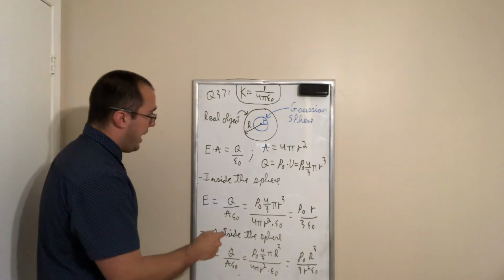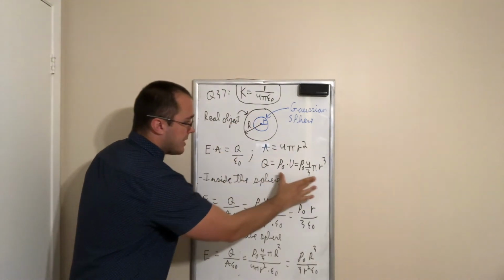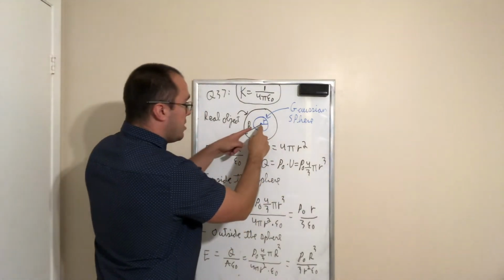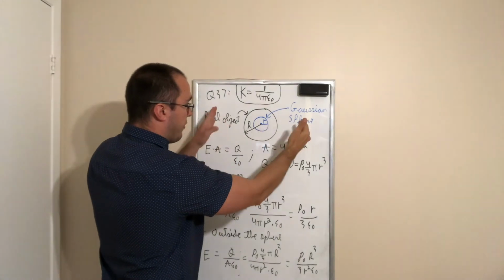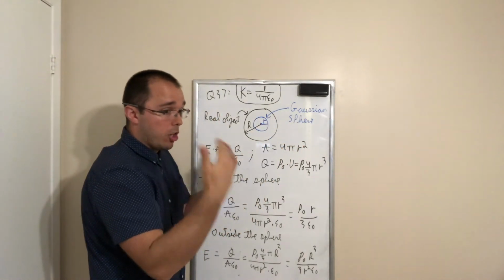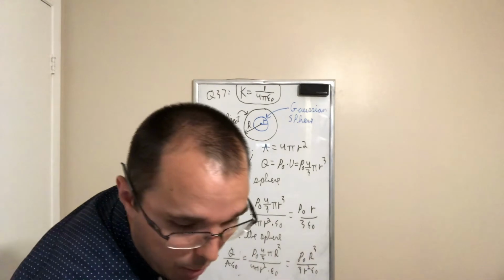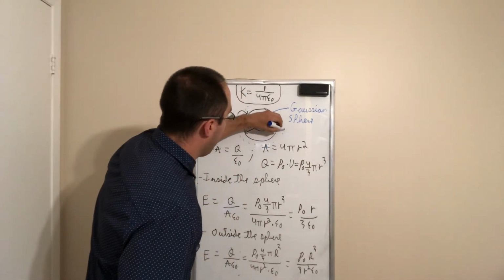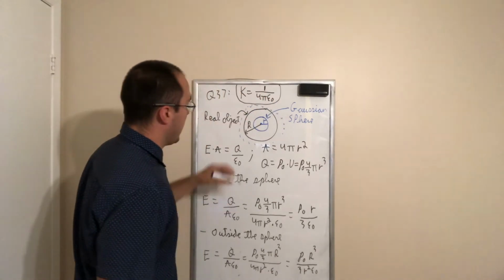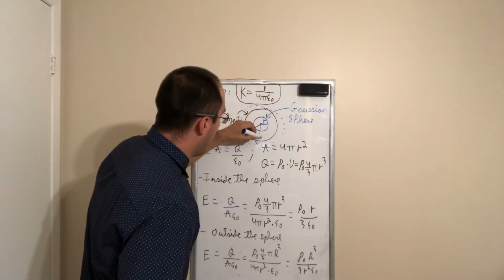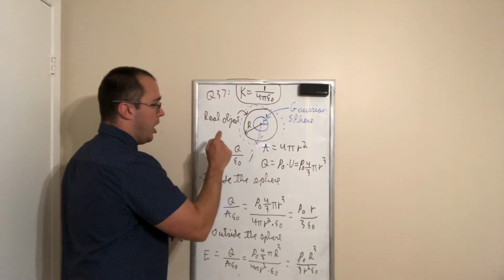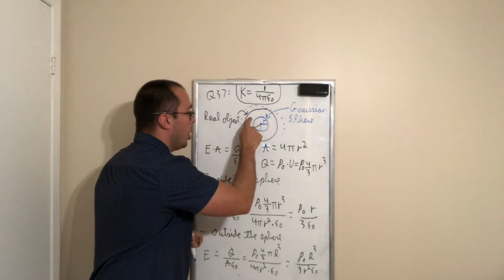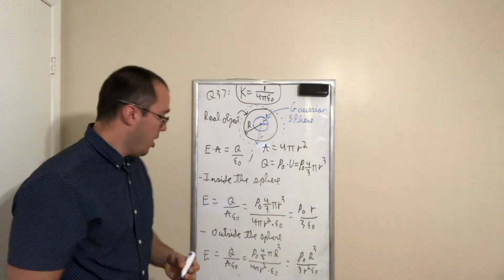So here, we would still use the same formula to find our charge inside the object, but since it's not dependent on the radius of our Gaussian sphere, in the second part, when we are considering the field outside, we are creating a Gaussian sphere that is bigger than the object, so our R becomes bigger than the R of the object. If we want to calculate the charge inside that sphere, we now need to use the R of the object. All right? So that's what we do here.